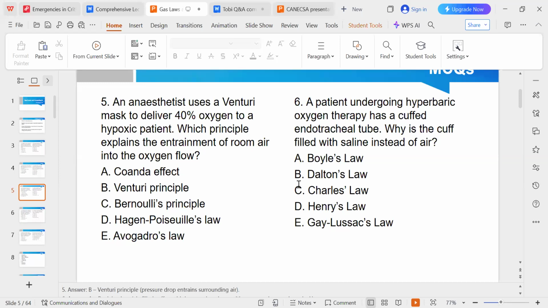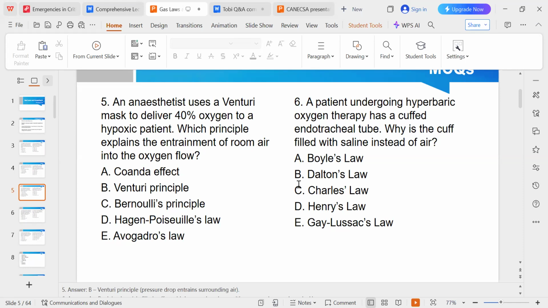Yeah, it's tricky here. All right, between B and C. Bernoulli's principle explains Venturi's effect. Okay, so what are you choosing, B or C? B. I will choose B. All right.